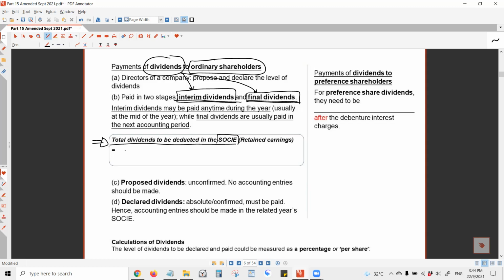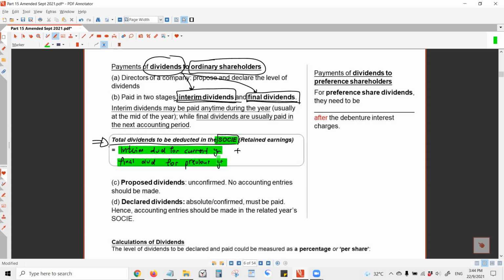And you fill up the blanks with me here together. You write: interim dividends for current year plus final dividend for previous year. Later, when you are looking at the SOCIE table with me, you have to deduct these two amounts of dividend from the SOCIE table.